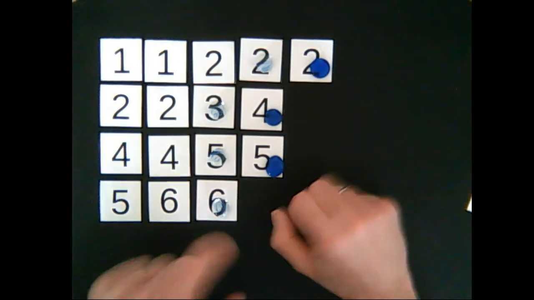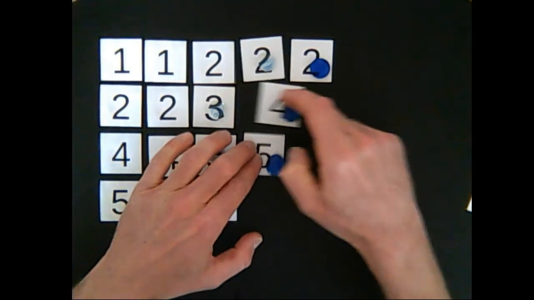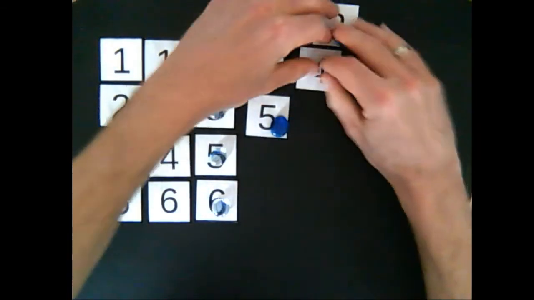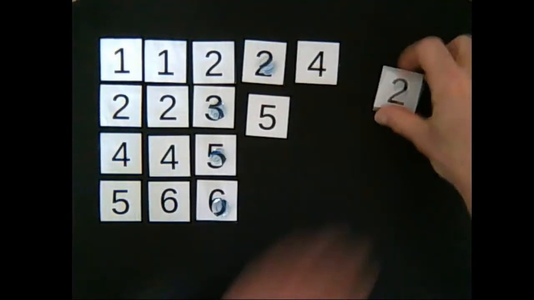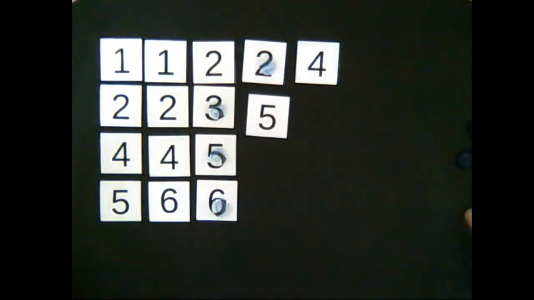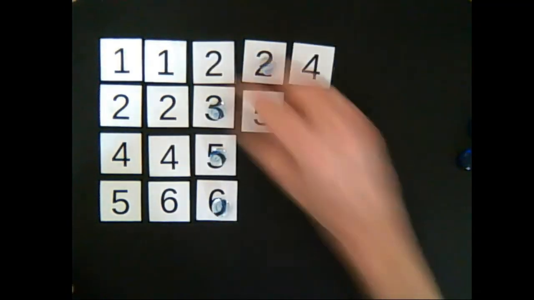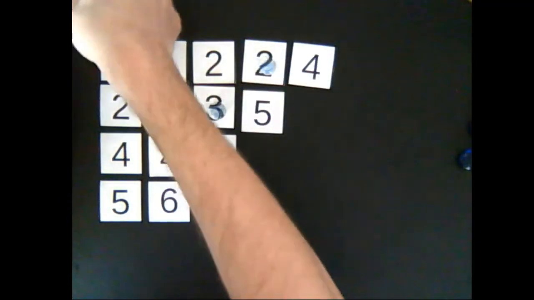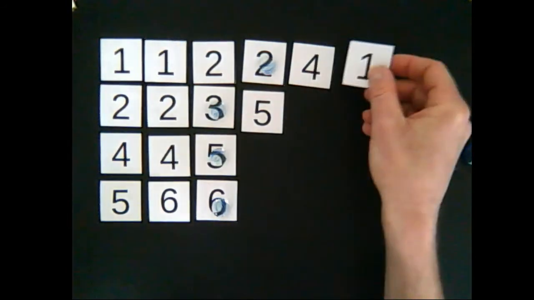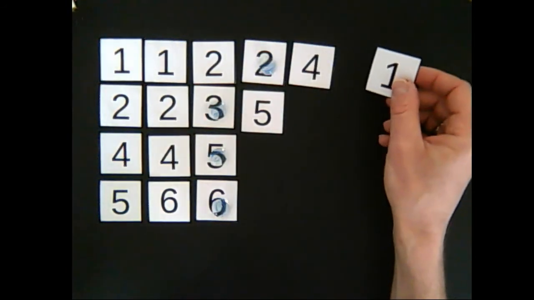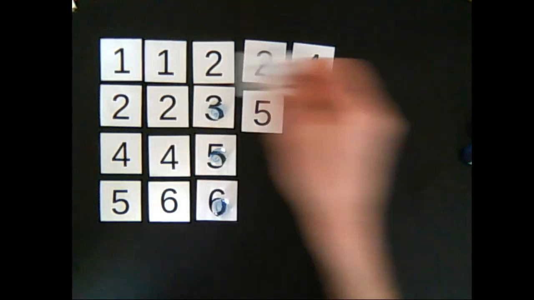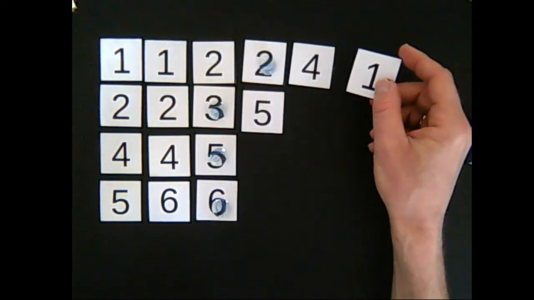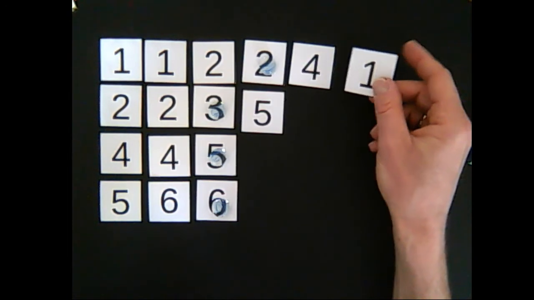Now let's undo this and bump in something smaller. There's only one option. We can bump in a 1. I'm always saying bumping in, but actually we're row inserting a 1, and in the course of this row insertion it's going to bump down some stuff.